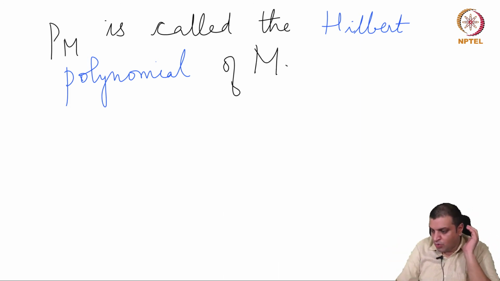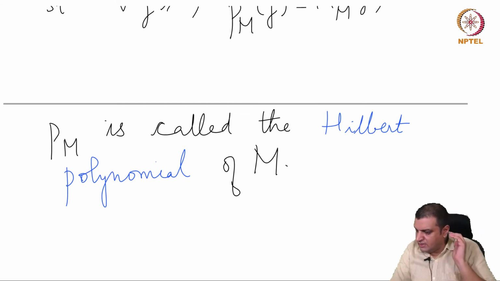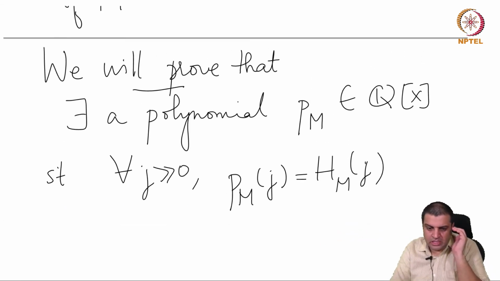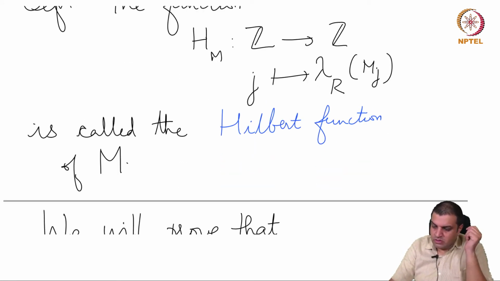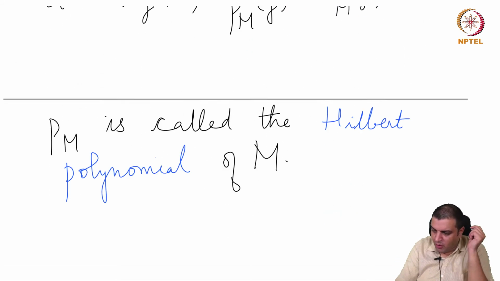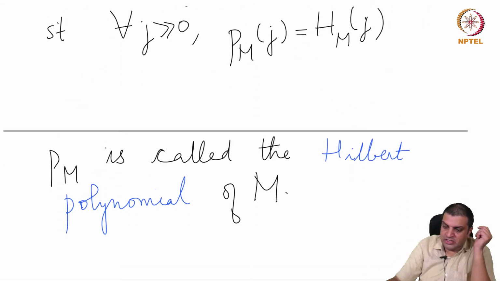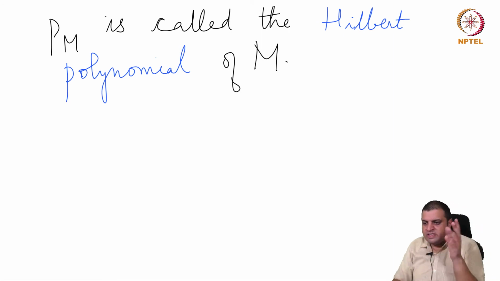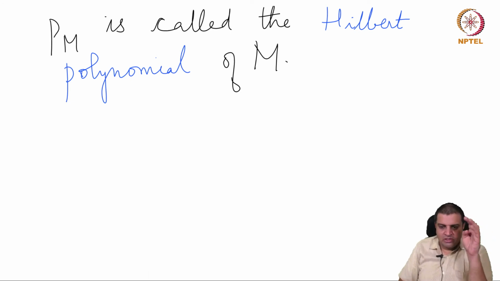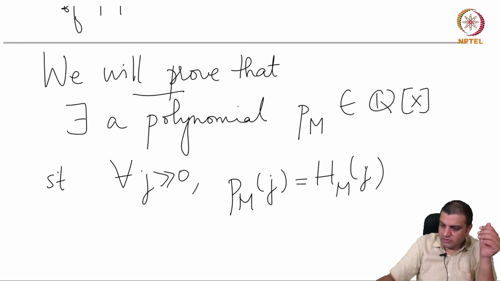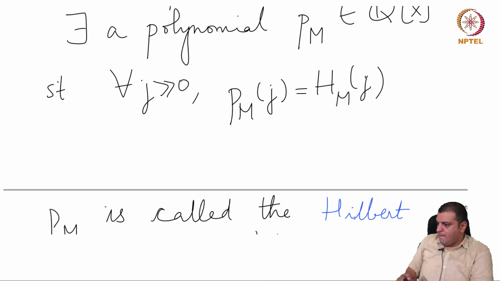Okay, so in this lecture, maybe a little bit of the next, we will prove that the Hilbert function is what is defined, and that there is a polynomial which gives its value for sufficiently large n. We will see examples, and it is not at all difficult to generate them, where the polynomial won't agree with it right at the beginning. So this is only for all sufficiently large.